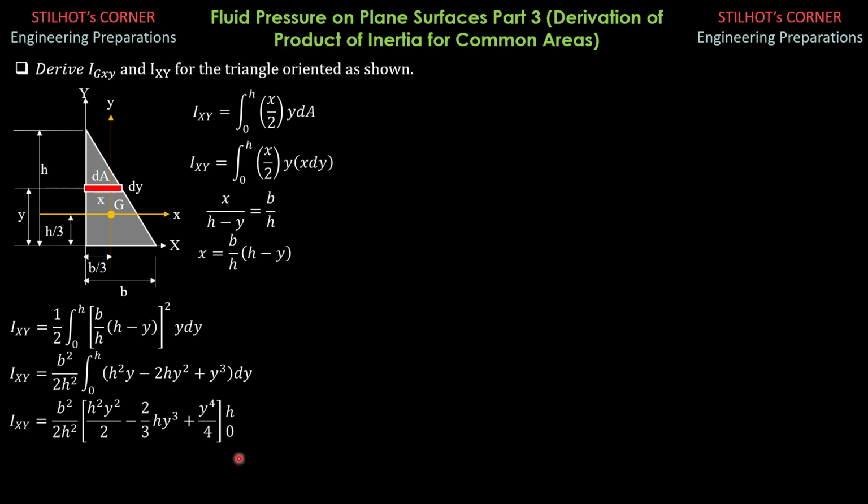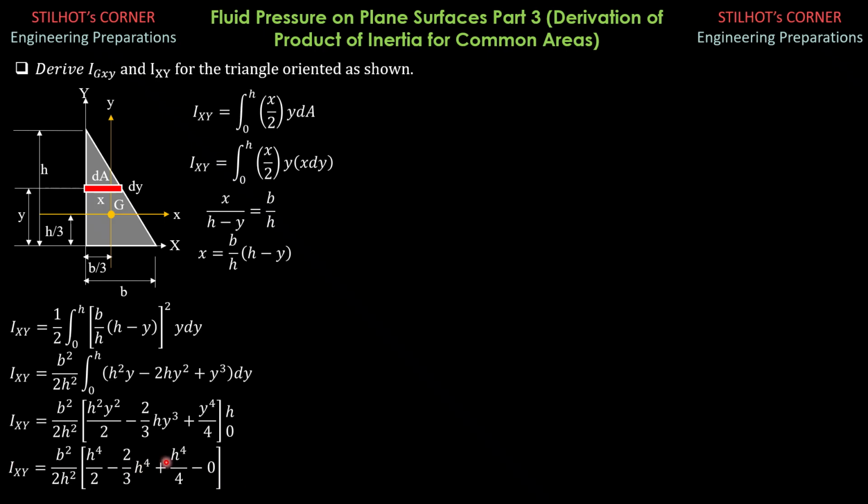Because the lower limit is 0, every term there would be 0. We'll just consider the upper limit. These are all like terms. B squared over 2h squared, quantity h to the fourth over 2 minus 2/3 h to the fourth plus h to the fourth over 4, minus 0. So Ixy is b squared over 2h squared, quantity h to the fourth over 2 minus 2/3 h to the fourth plus 1/4 h to the fourth, minus 0.